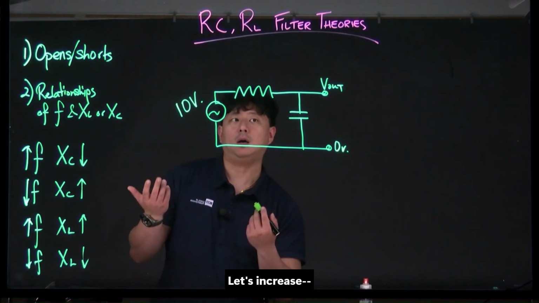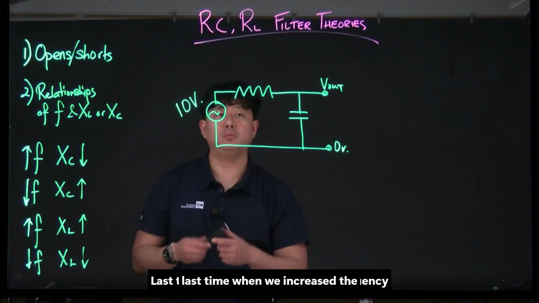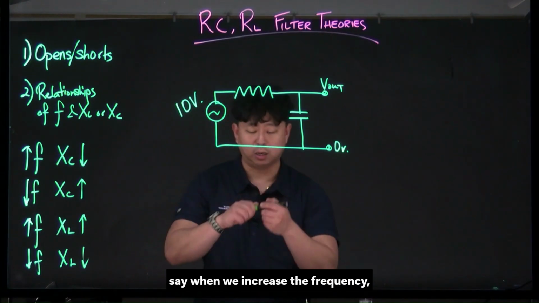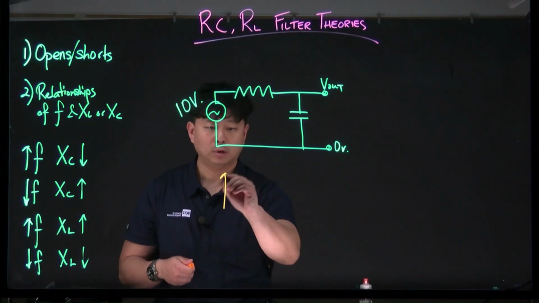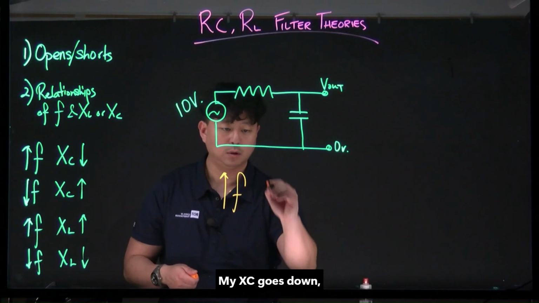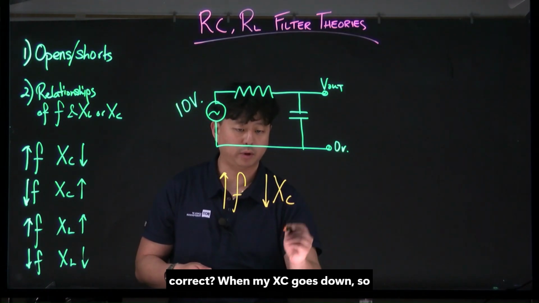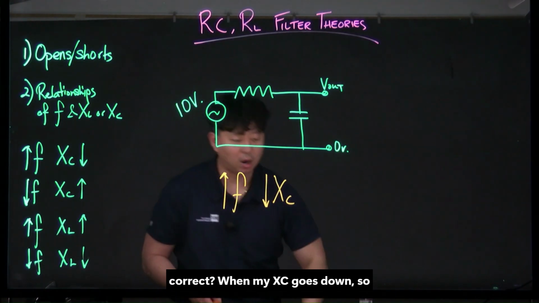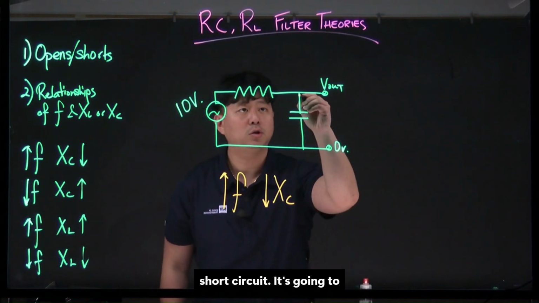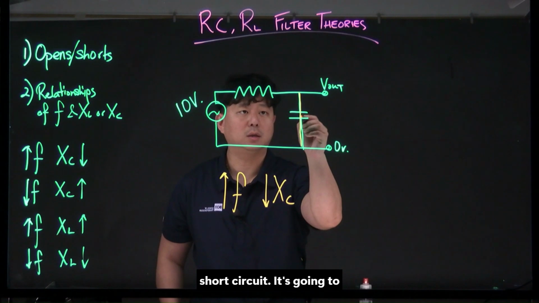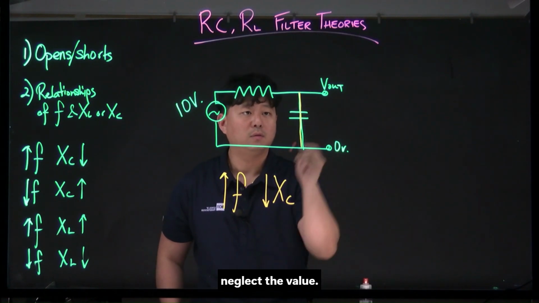Let's increase the frequency. Last time when we increased the frequency, it kind of worked. So let's see. When we increase the frequency, my XC goes down, correct? When my XC goes down so low, it is going to act like a short circuit. It's going to neglect the value.